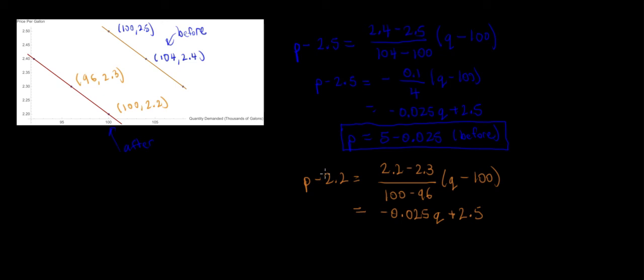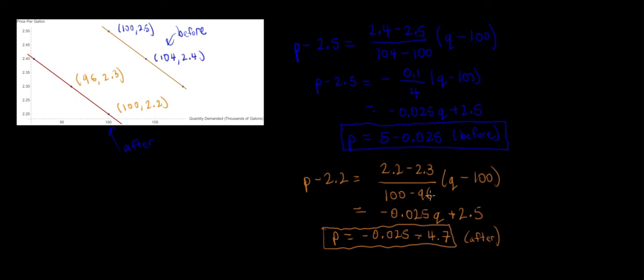Then we add 2.2 to both sides, and we get P equals negative 0.025 Q plus 4.7. And this is after.